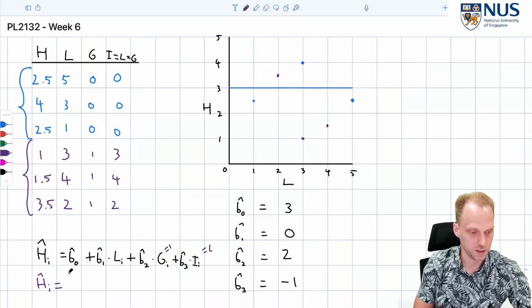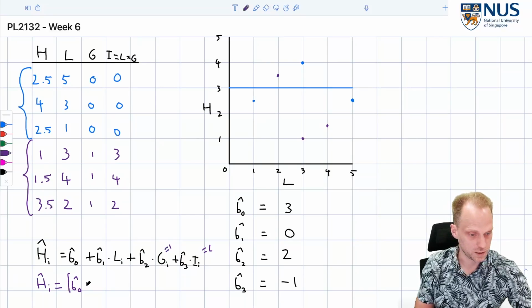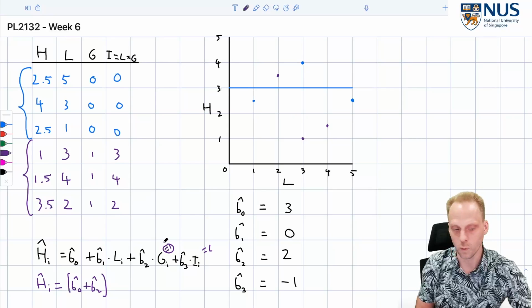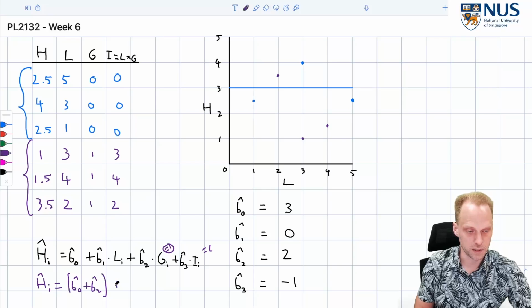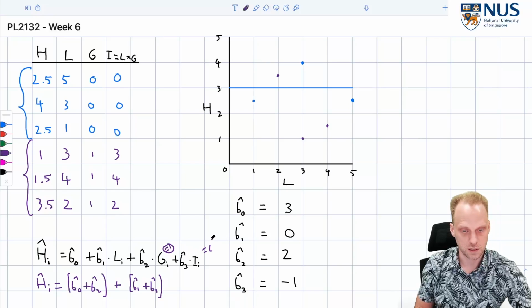We have as intercept now B0 hat plus B2 hat. That's because this is just 1 always. Plus, and as slope, we now have B1 hat plus B3 hat. And that's because this thing is just the same as L.